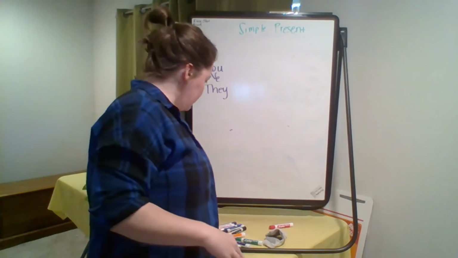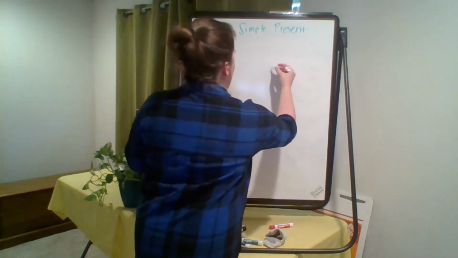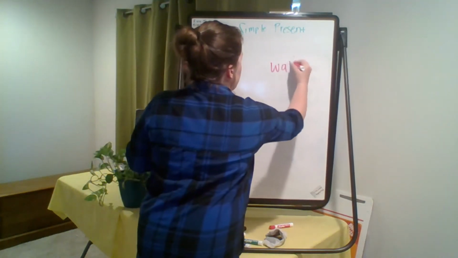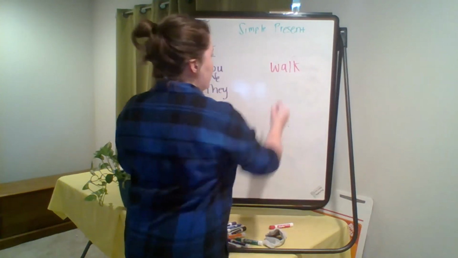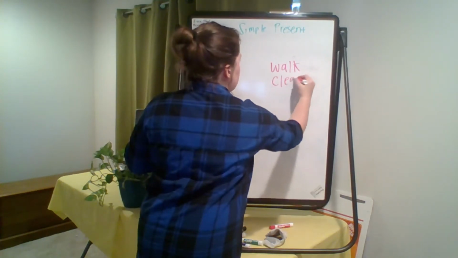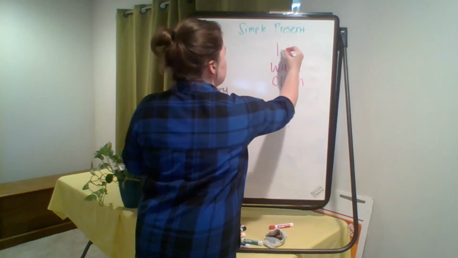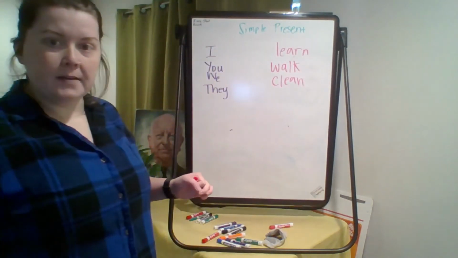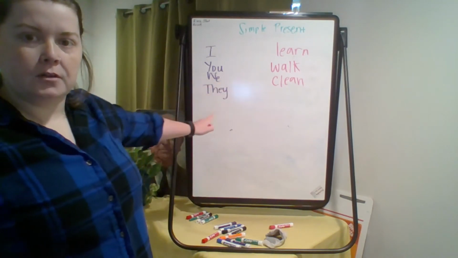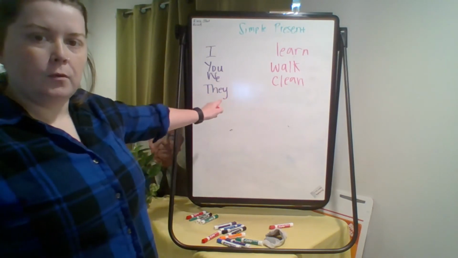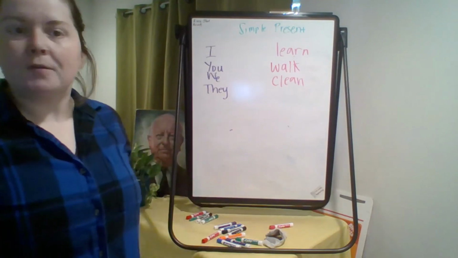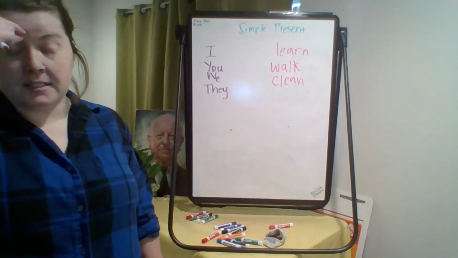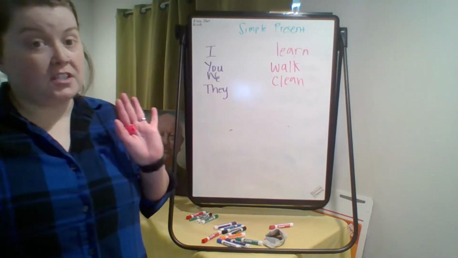So I walk. I clean. I learn. Okay? You learn. They clean. We walk. The verb doesn't have an S. So in the simple present, it's just the verb by itself.